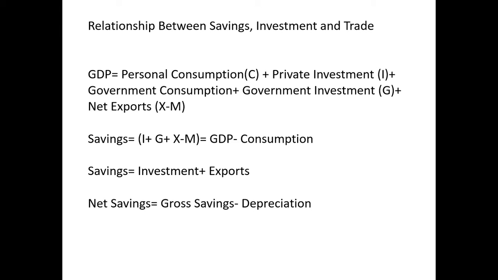Now there is one more thing to add here. The savings that we are talking about here does not take into account the wear and tear of capital, or the existing capital stock that gets depleted every year, what is known as depreciation.